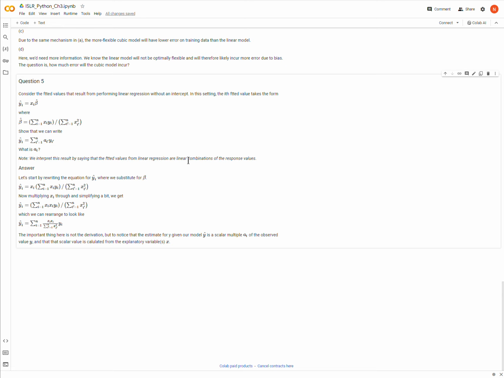And if you're not sure, linear combinations are the results after either multiplying or adding values, basically. So ay is a linear combination, and ay plus bz and so on and so forth is a linear combination too, because all that we're using is sums and multiplications. Okay, so that is it for this one.